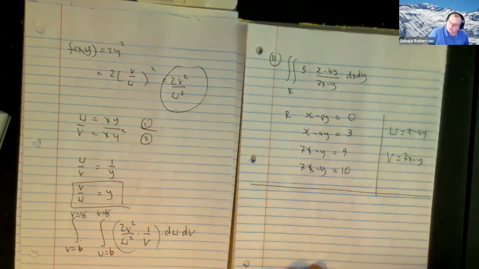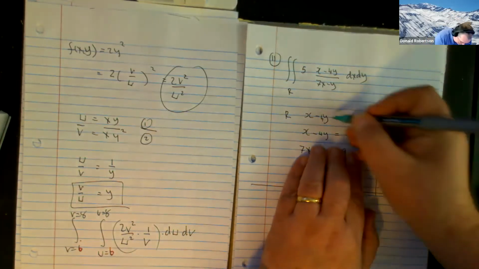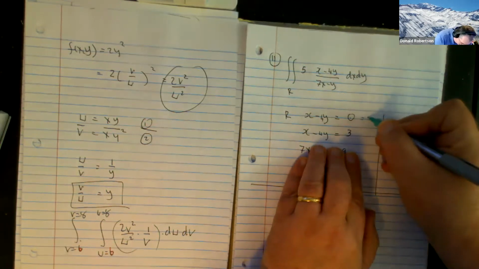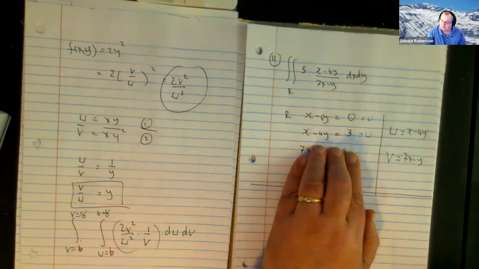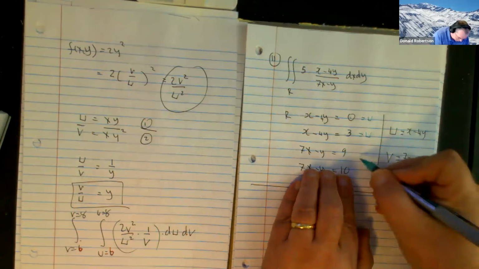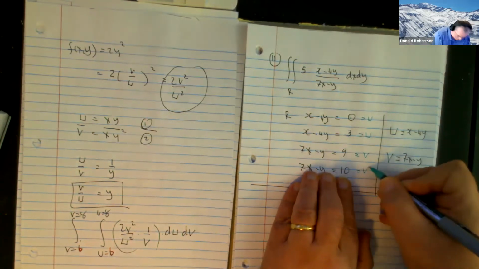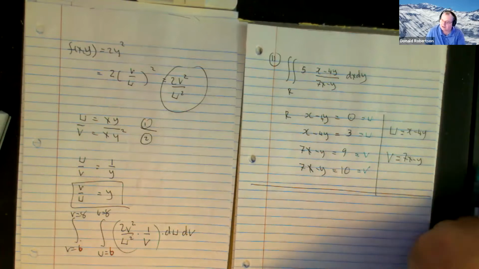Does that seem reasonable? And it is. You just were a bit hesitant, right? So since I'm calling this guy u, doesn't the limit of integration just become 0 to 3? Okay, that's u, so 0 to 3. And won't this one be v equals what, 9 to 10? So hey, we got the limit integration almost without trying. Agreed?